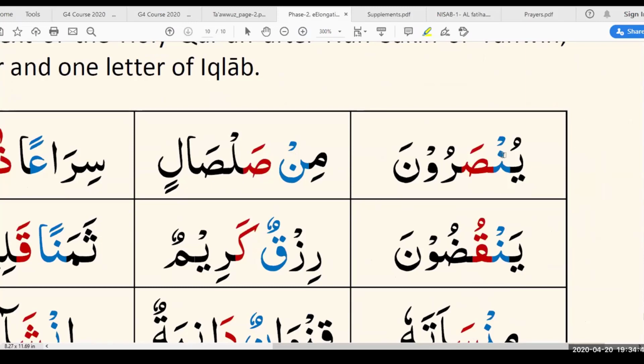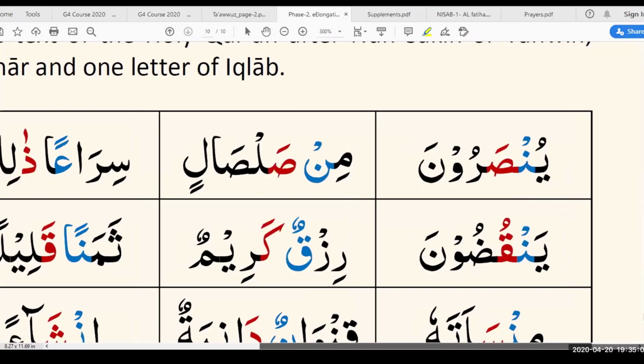You have to prolong it for 2 seconds, but make a nasal sound, not the full noon sound. Don't say yun sarun. Say yun saruna. A bit more nasal sound. Can you try again? Okay, that was better.